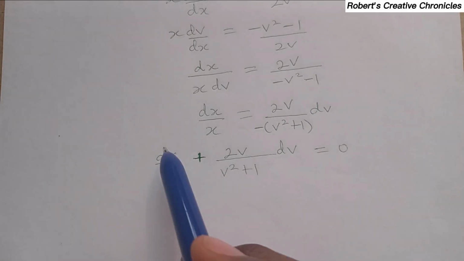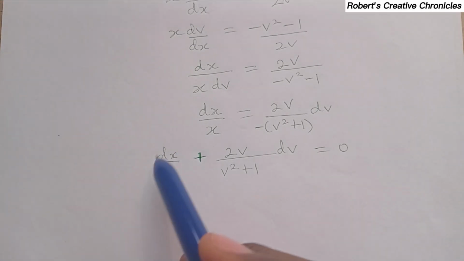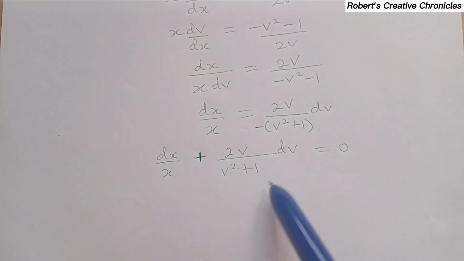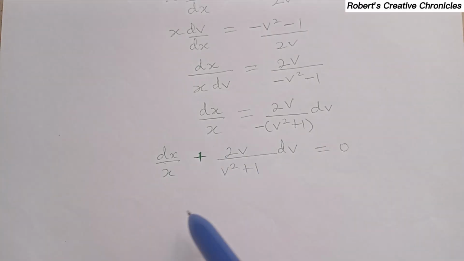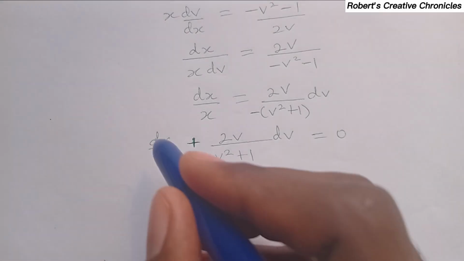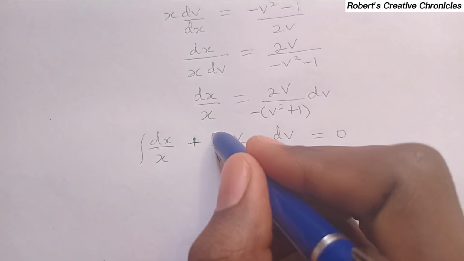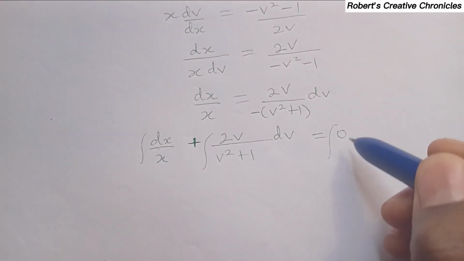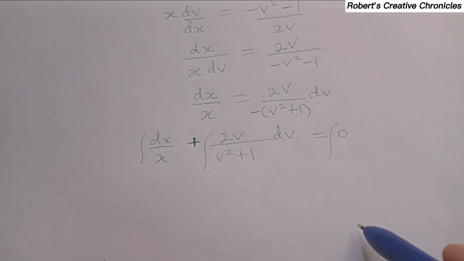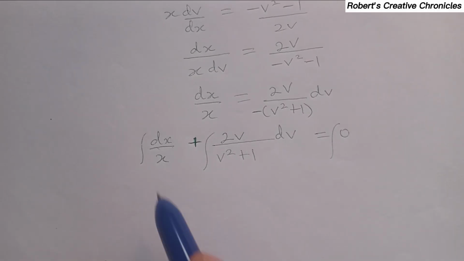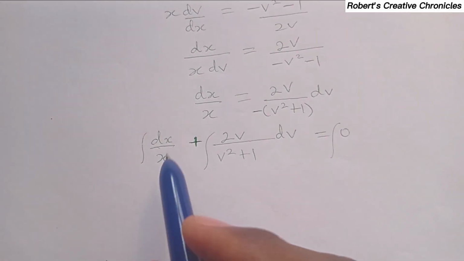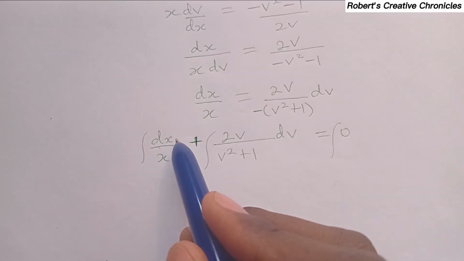So now all the terms of x are on its own, all the terms of v are on its own. So we can find the integral. Here we'll find the integral, here we'll find the integral, and also this we'll find the integral. So the integral of this becomes 1 over x times the x.